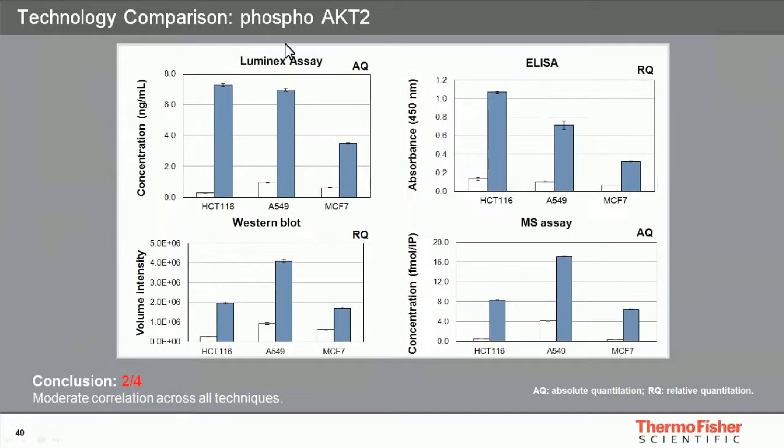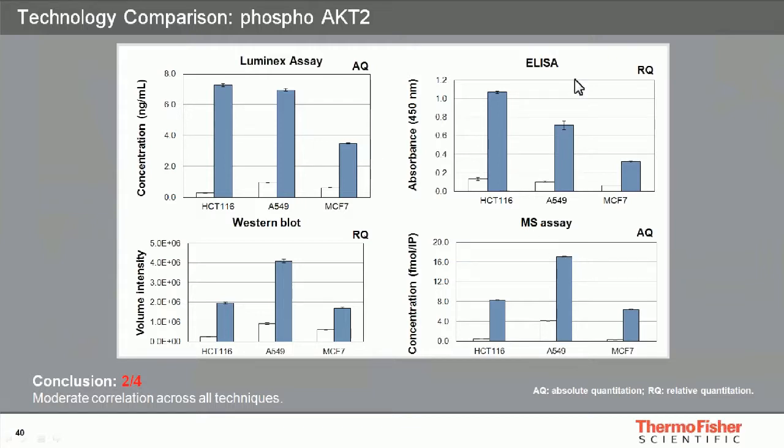Mass spec is the only technique that can quantify different isoforms of AKT. If you look at the previous slide for quantitation of AKT1, with the mass spec assays we can also quantify AKT2, because we are using the unique peptides for AKT1 and 2, so we can get the absolute quantitation for each isoform. Again, if you look at AKT2, we get a moderate correlation.